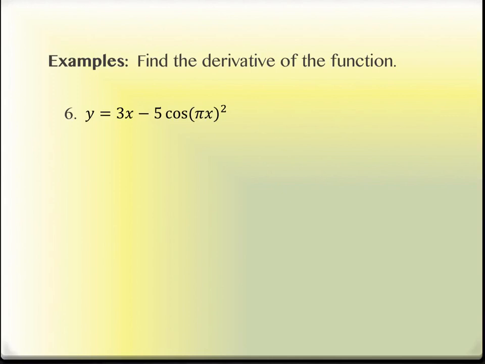What's being squared here? The pi x, not the cosine, right? Pi x is being squared. So where the squared is located matters. On the last problem, the cosine was squared. The squaring was right next to cosine. On this one, it's the angle pi x that's being squared.